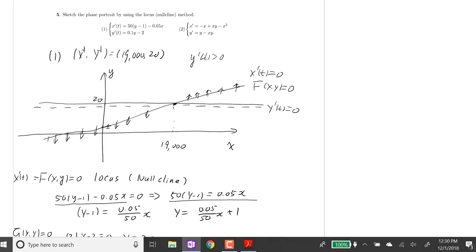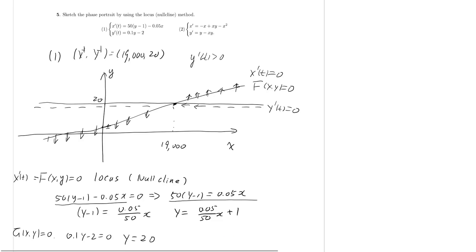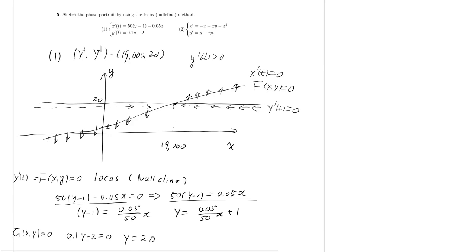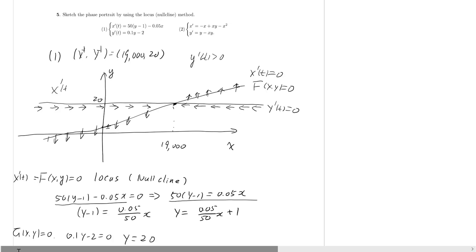So we know when x is large, it's negative. That means the x value is decreasing. x prime of t over here is negative. On this line with a small slope it is 0. And when you cross this one, then the x prime is positive. So the value of x is increasing. So here you have x prime of t positive, so it's going this way.